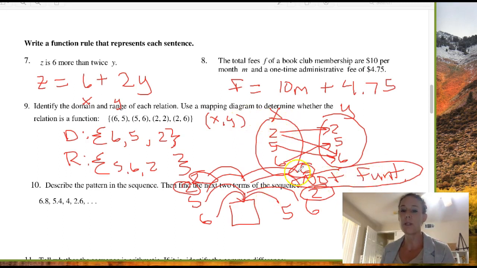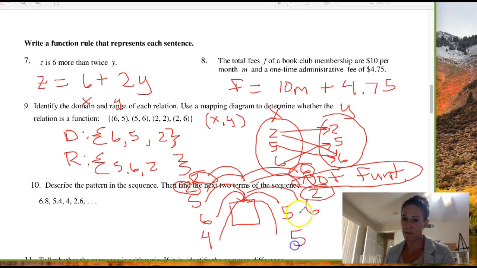So here's how you tell if you have a function by mapping. If any of these X values have an arrow that goes to 2 different Y values, you are not functional. Now if I have a 4 and I plug it in and I get out a 5, I can share Y values. I can get the same answer with different numbers. That's okay. Y's can share.